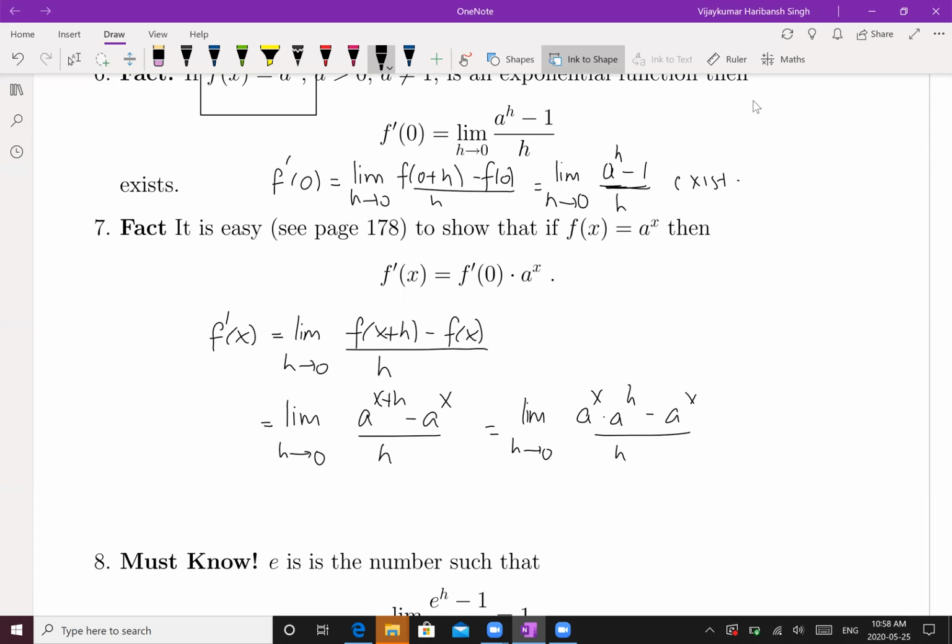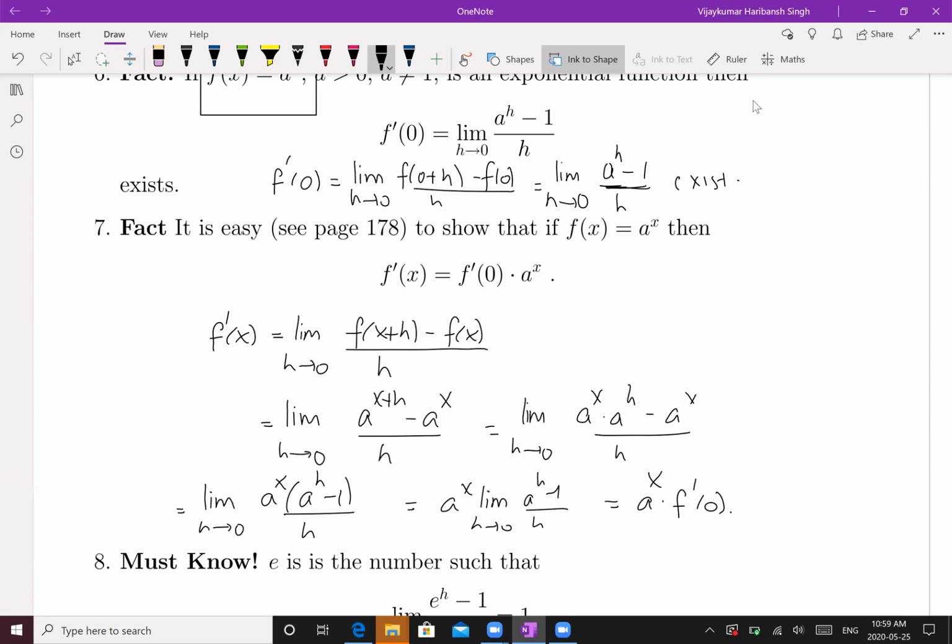Now you can pull out a to the x as common. So you get the limit as h goes to 0 of a to the x times the bracket a to the h minus 1 over h. Now a to the x has no h in it, so it can come out of the limit. And as h goes to 0, this limit is the same as f prime of 0.